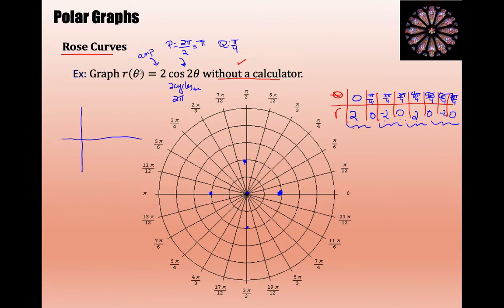Let me think about this in y equals form. Right? What would I have? I have the sinusoidal axis here. I go up a distance of 2, down a distance of 2, right? And this is positive cosine.